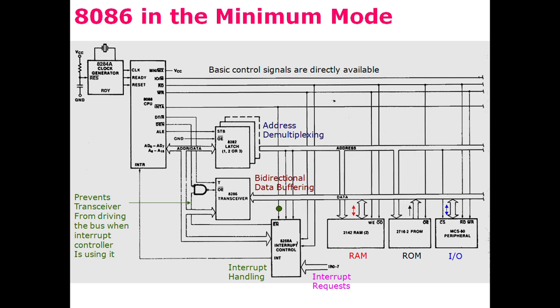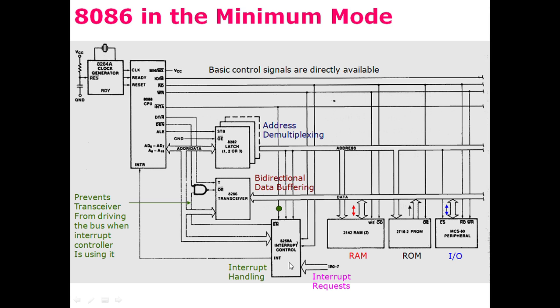For example, if the data is received, that means the read operation is being performed, and this transceiver, with the help of the data transmit and receive pin, would select the direction towards the microprocessor. And when it is writing the data out to a memory location or onto the input and output port, then the outgoing direction is set by this transceiver.